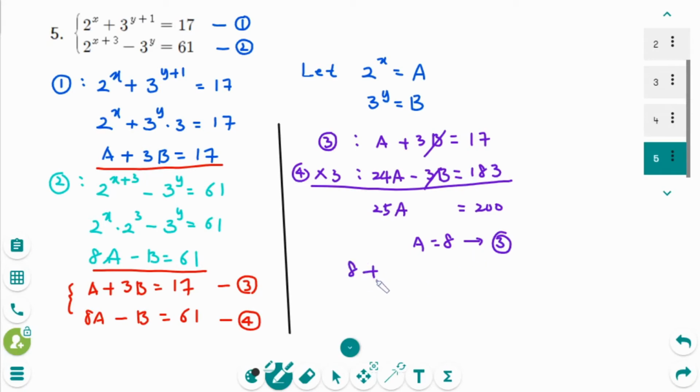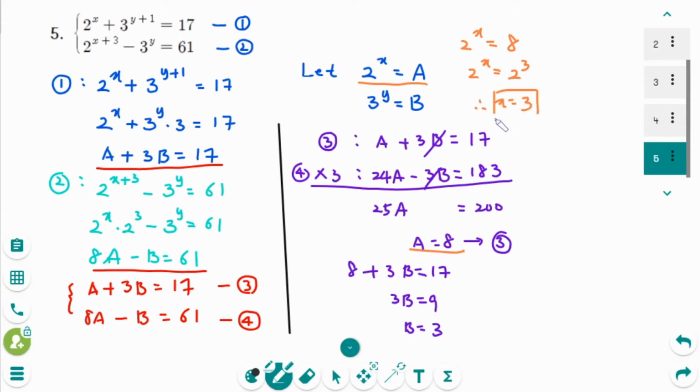Then 8 plus 3b equals 17. 3b equals 9. Then b equals 3. Then back to here. 2 to the power of x equals a, which means 8. So 2 to the power of x equals 2 cubed. Therefore, x equals 3. Then 3 to the power of y equals b, which is 3. So 3 to the power of y equals 3 to the power of 1. So y equals 1.